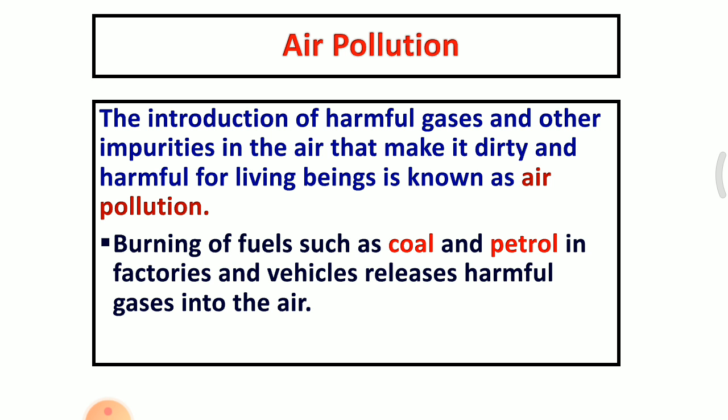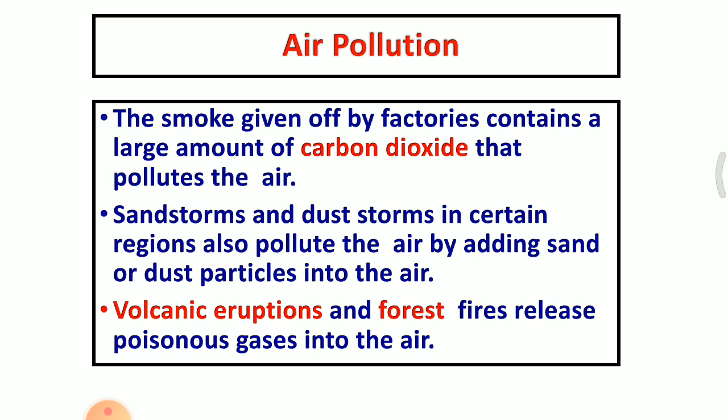How does the air get polluted? Burning of fuels such as coal and petrol in factories and vehicles releases harmful gases into the air. Due to that, air gets polluted.